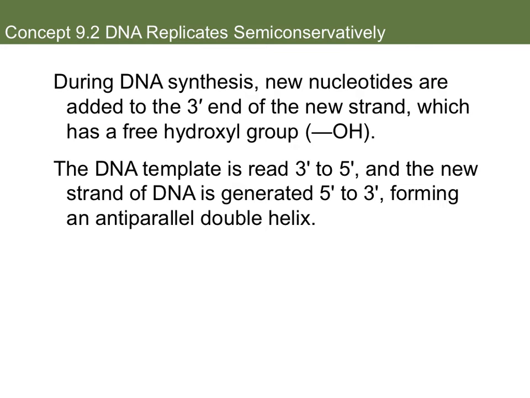So during DNA synthesis, the new nucleotides are added to the 3' end of a new strand, which has a free hydroxyl group. Remember, when we're looking at the deoxyribose sugar, we start from the oxygen, and from there we label the carbons clockwise. So the hydroxyl group that we are going to add to is the one found at the 3' end.